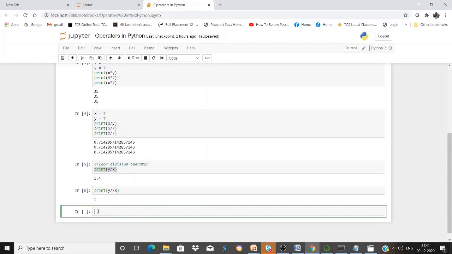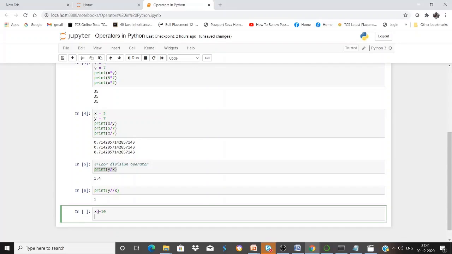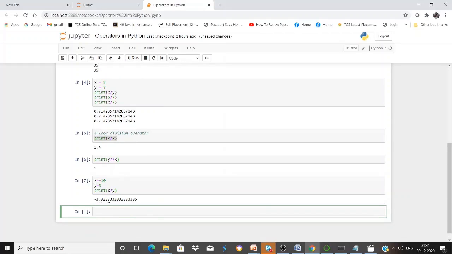Now let's see another example of the float division operator. This time we have x equal to -10 and y equal to 3. Now if we print x by y, we run the cell and we get -3.33.